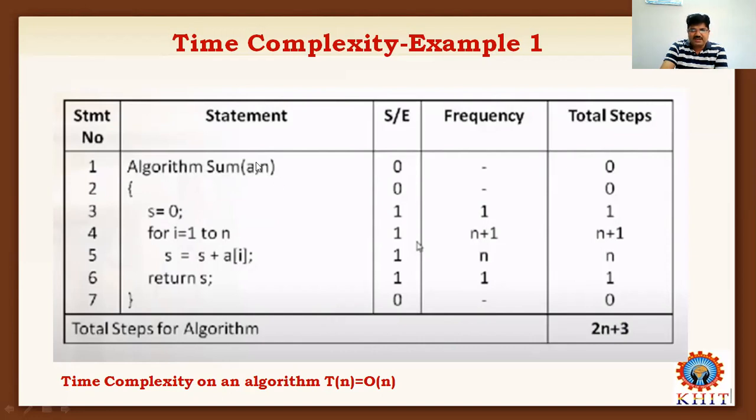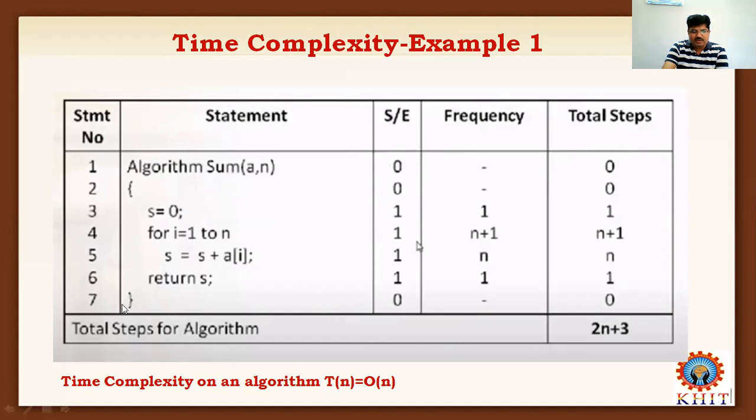This is considered the header part of an algorithm. Always remember that when you execute or compile, the algorithm header part takes 0. So the first instruction takes 0, and the total number of steps is 0.